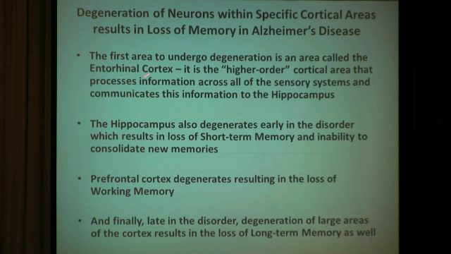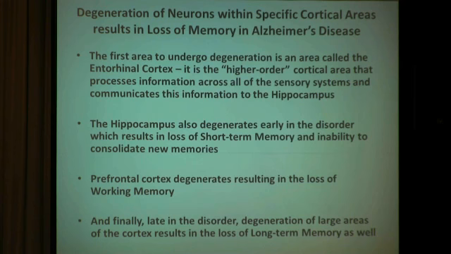So this is the very first area that shows degeneration in Alzheimer's disease. Now you can understand why the person has problems processing things related to memory, because the very first thing you do is go across the sensory systems. That's the information coming in.